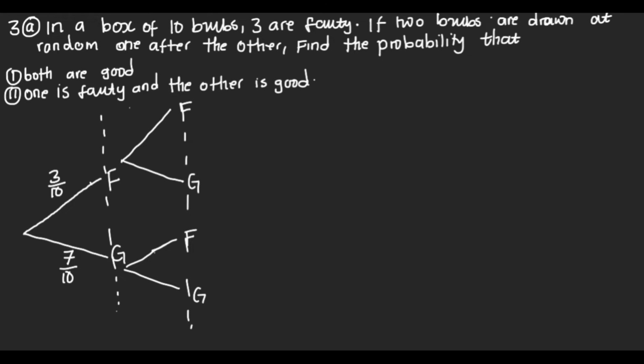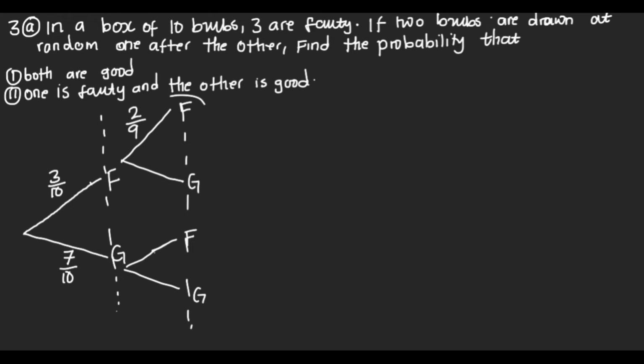So if they were picked without replacement, we are going to assume that the bulb that was picked was faulty. This means that 2 were remaining over 9. Since if we subtract 1 from 3 it is 2, then the total also must decrease by 1.